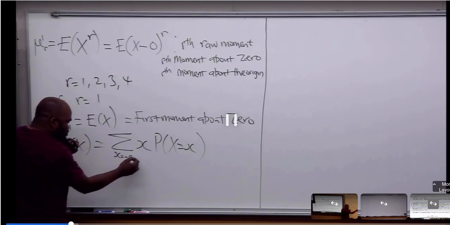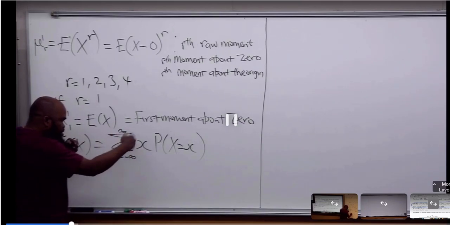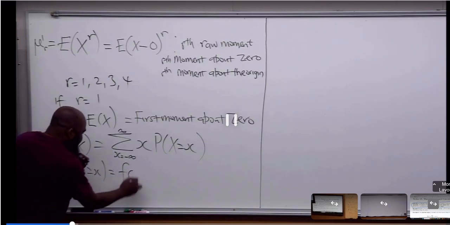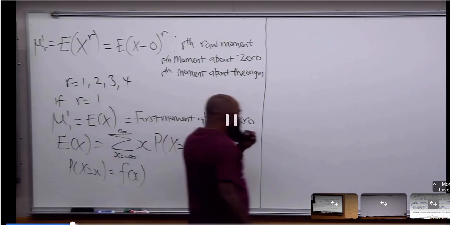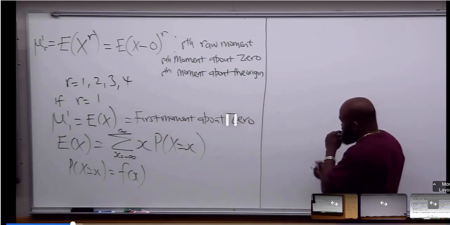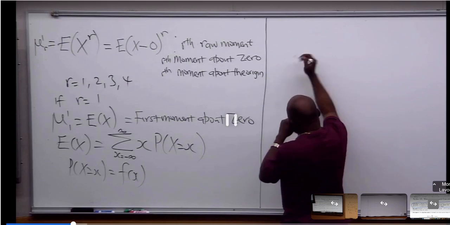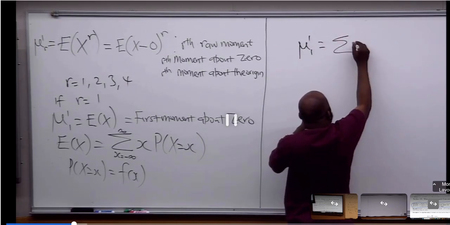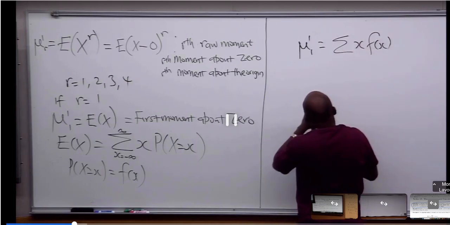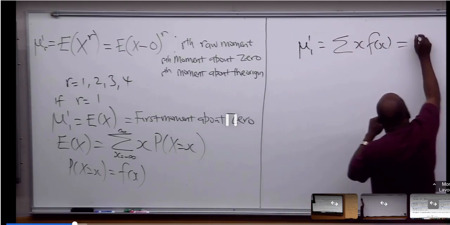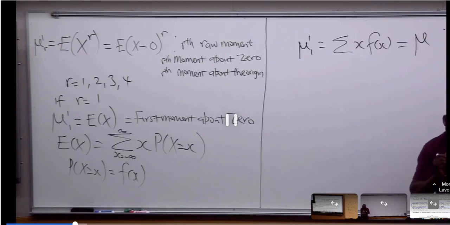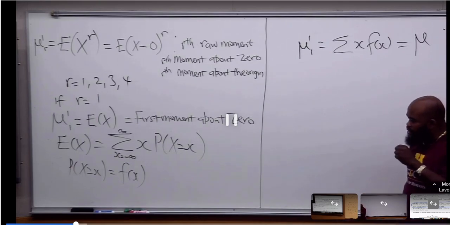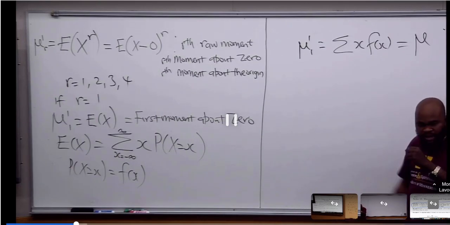And of course, we can also rewrite that as simply the summation of x times f of x. This is the same thing as the mean, the first moment. We call it the first raw moment, or the first moment about zero, or the first moment about the origin.